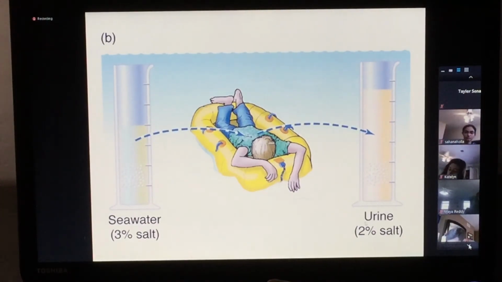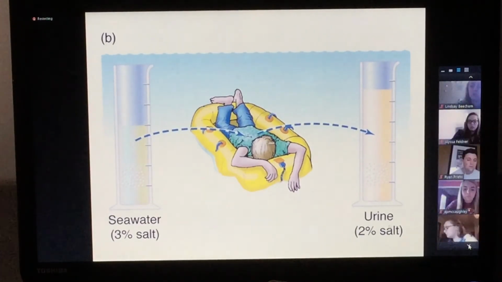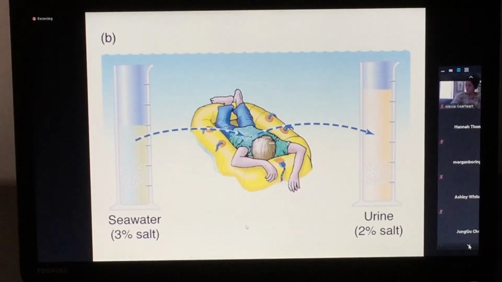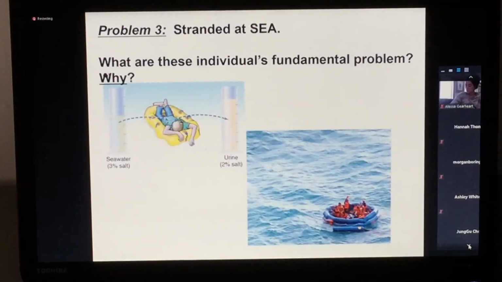When you're maximally excreting sodium chloride from your kidneys, you're still retaining about 1% of the salt that you would be drinking out here in the seawater. So you would be better off hydrating yourself by drinking your urine than your seawater.